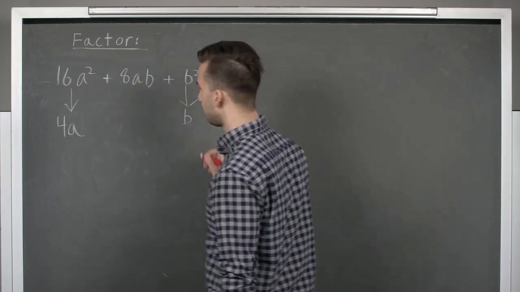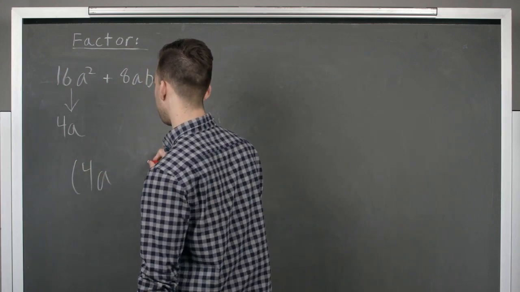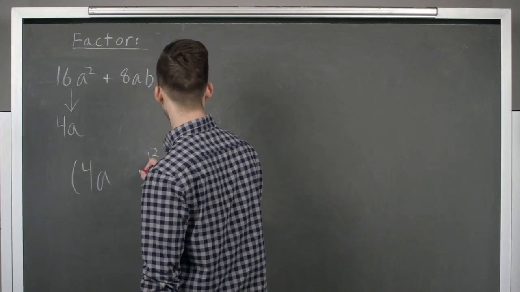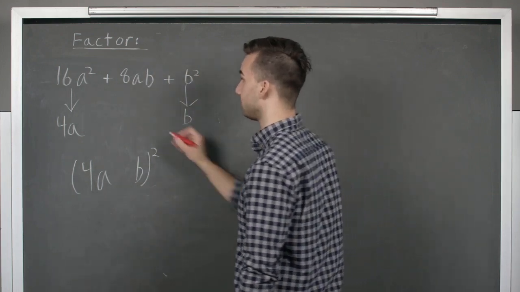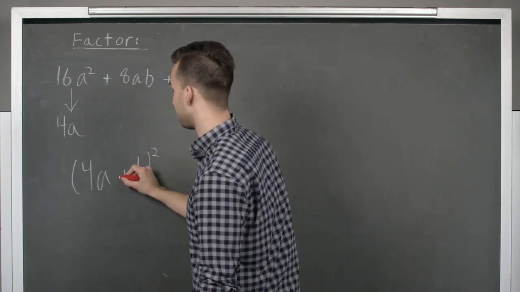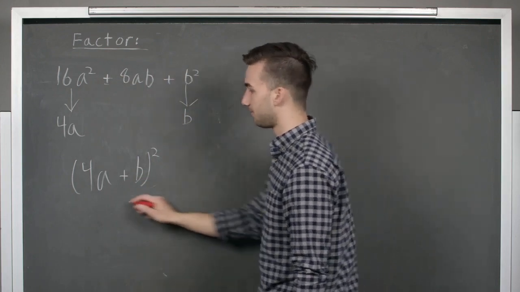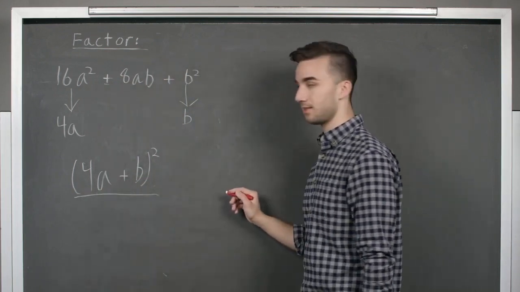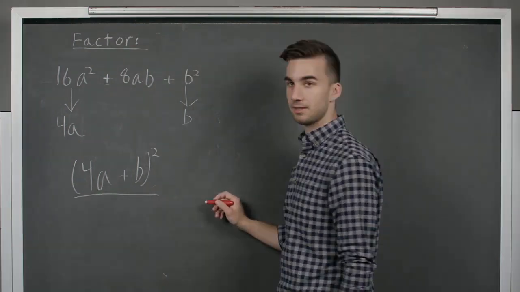So now we just write that in factored form. Write the first and third term squared, and then we take the sign from the second term, which is plus. And that's the solution for this example. If you want to multiply it out to check it, you're welcome to, but this is our solution.